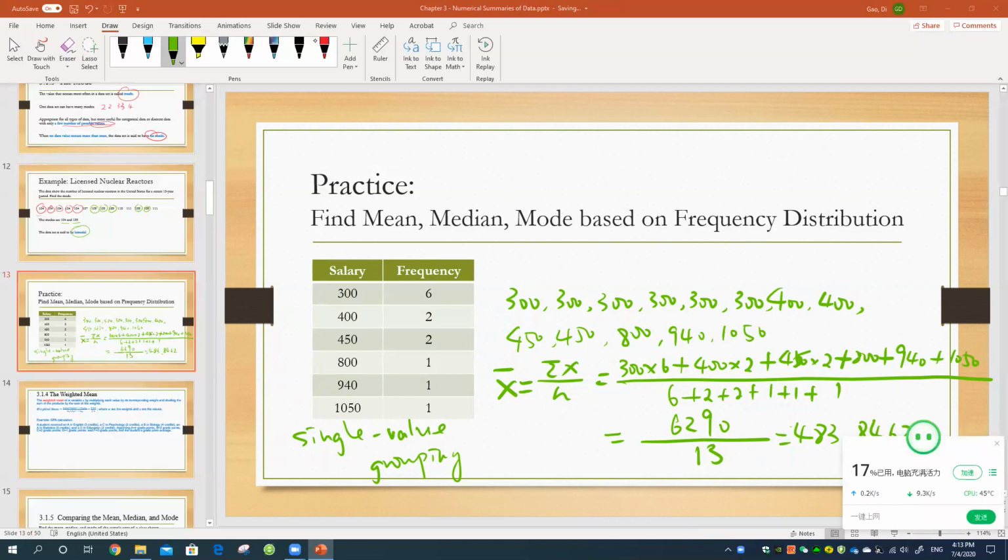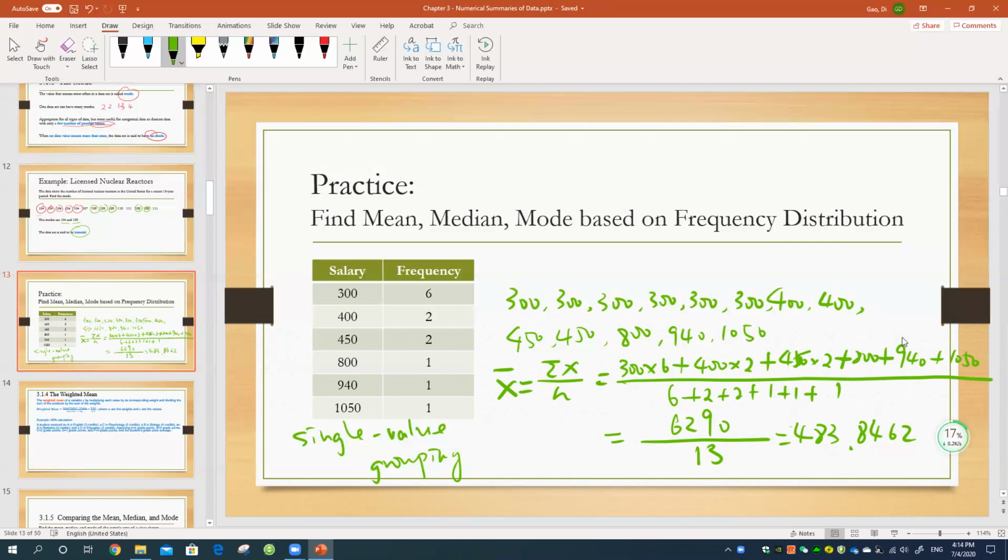Now let's look at the median. Since n is 13, which is odd, we have one number exactly in the middle. So we can just look at that number, the value exactly in the middle. 13 divided by 2, that's 6.5. 1, 2, 3, 4, 5, 6, 7.